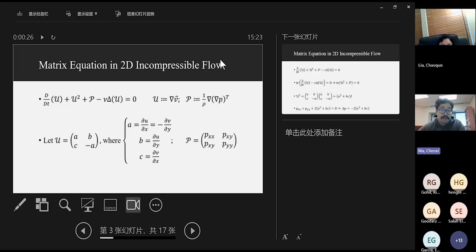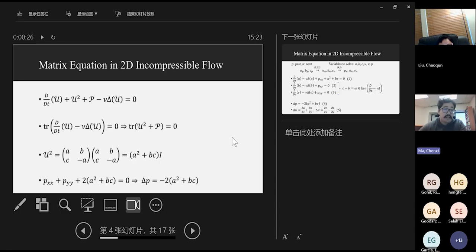B stands for partial U over partial Y, and C stands for partial V over partial X. In the pressure matrix P, we have second order derivatives for P, and this P stands for normalized pressure, which is the pressure over density.